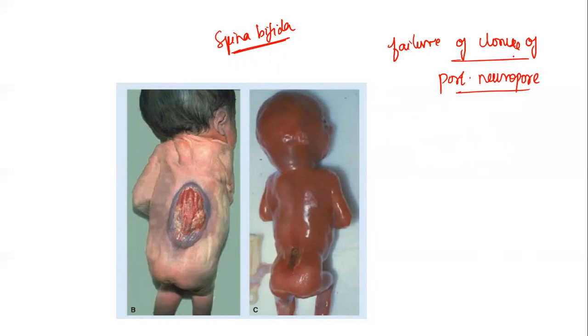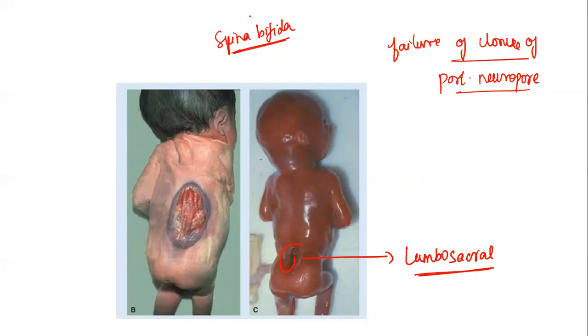If the posterior neuropore fails to close, I get an abnormality, a neural tube defect called spina bifida. This can happen anywhere craniocaudally, right? But the most common site is the lumbosacral region. This can be a question. Spina bifida is most common at the lumbosacral region, right? So these are all neural tube defects.